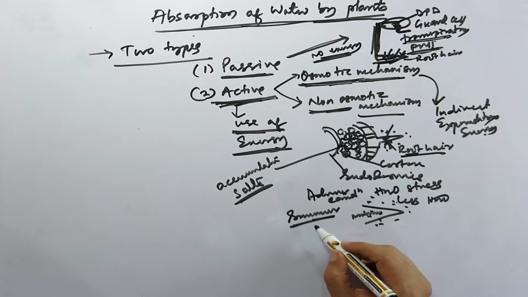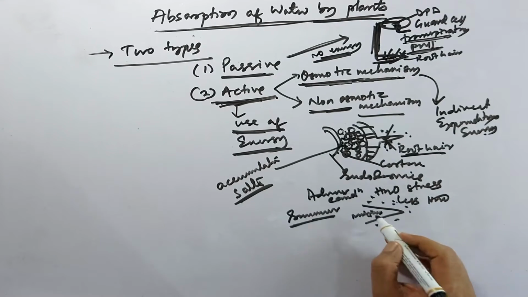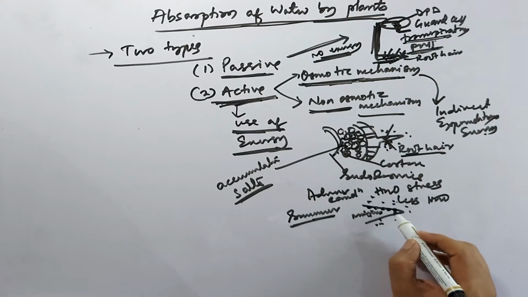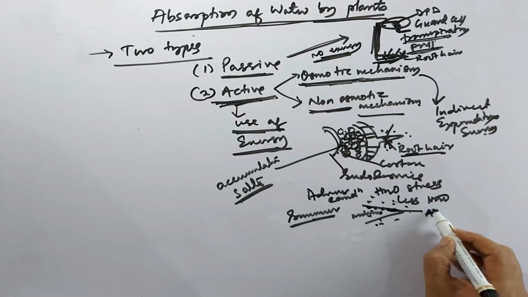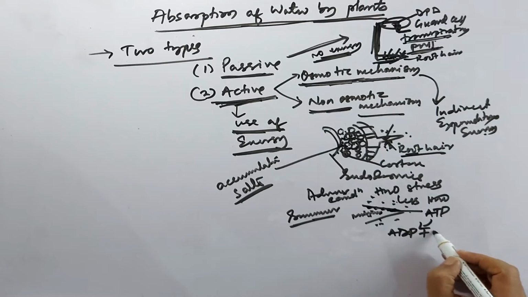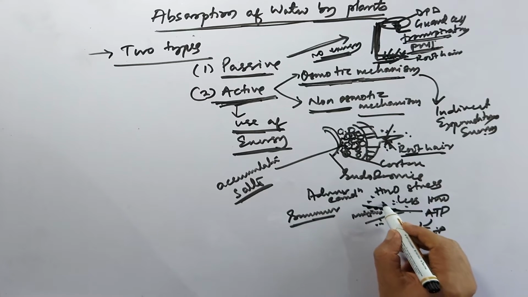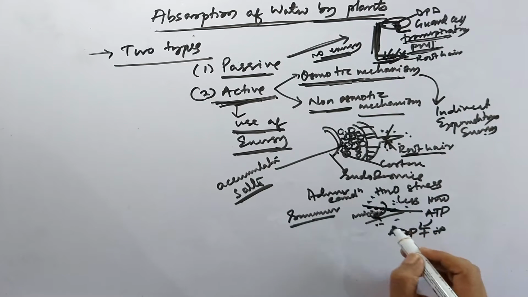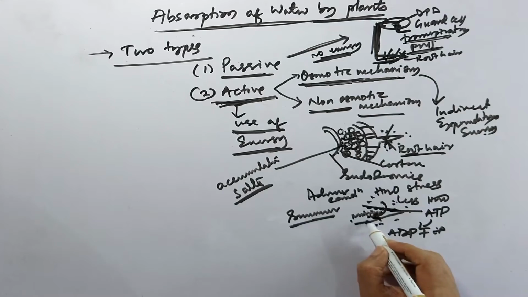There is stress on the plant itself. So what happens? Normally the membrane proteins break down the ATP into ADP plus IP, use the energy, bind the water, and forcefully take water into the root hair cells.